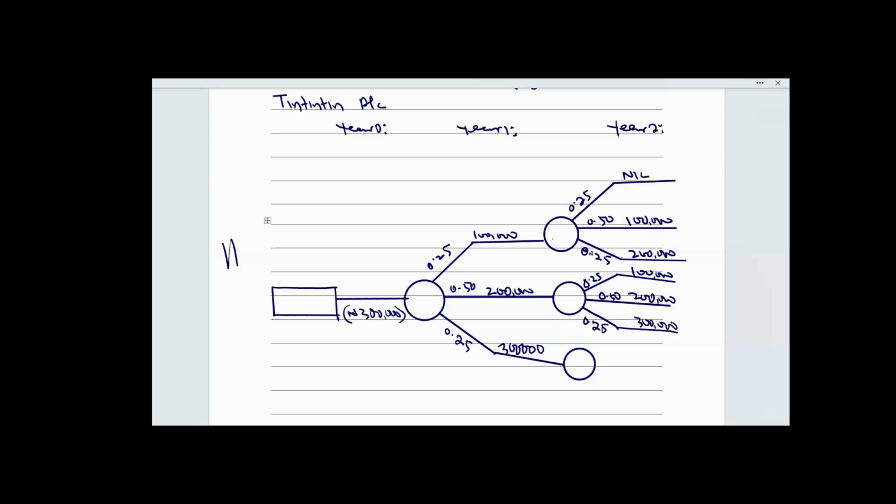I've represented that. Then, if cash flow in year one is 300,000, I can push this one down so that I can have space.